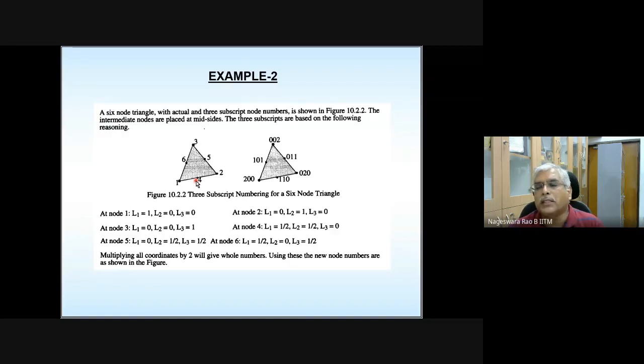It's going to be x1 plus x2 divided by 2, the x coordinate, and y1 plus y2 divided by 2 is the y coordinate of node 4. Similarly, the coordinates of node 5 are x2 plus x3 divided by 2, y2 plus y3 divided by 2.